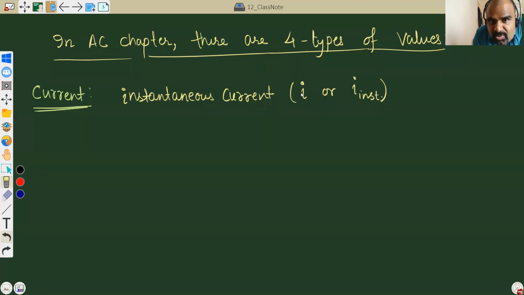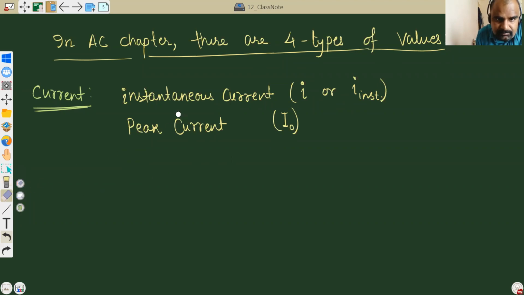But when you use a small letter, it automatically means instantaneous. Then the other type of current is peak current. Peak is represented by the symbol capital I, and here we put a naught sign. I naught.